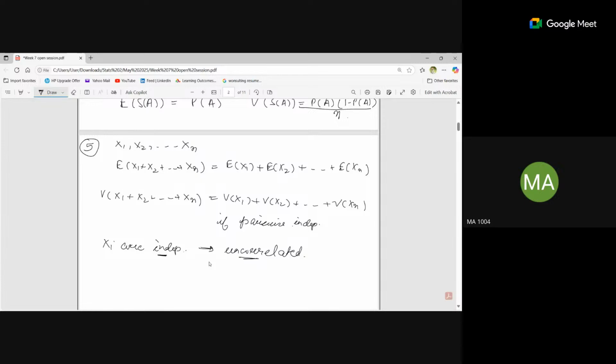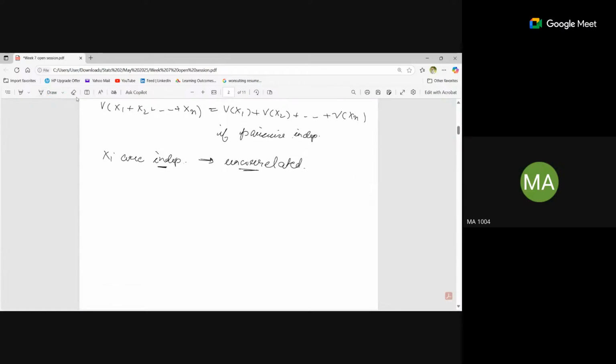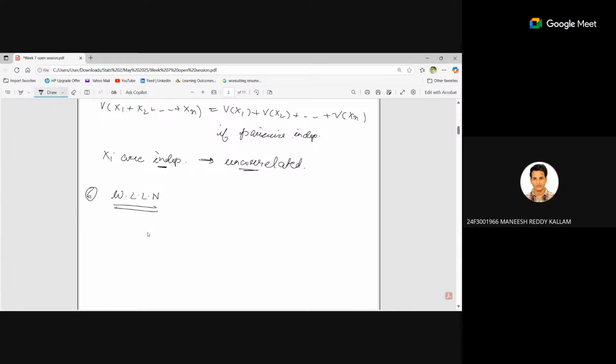Yes, ma'am. Understood? Okay. Now, the last thing was the weak law of large numbers. What is the weak law of large numbers? It's similar to Chebyshev's inequality, where we find the deviation from the mean.